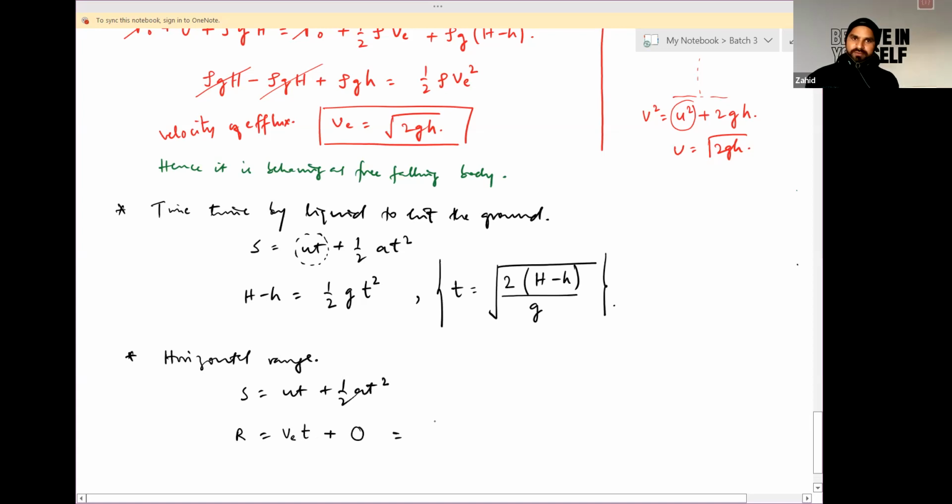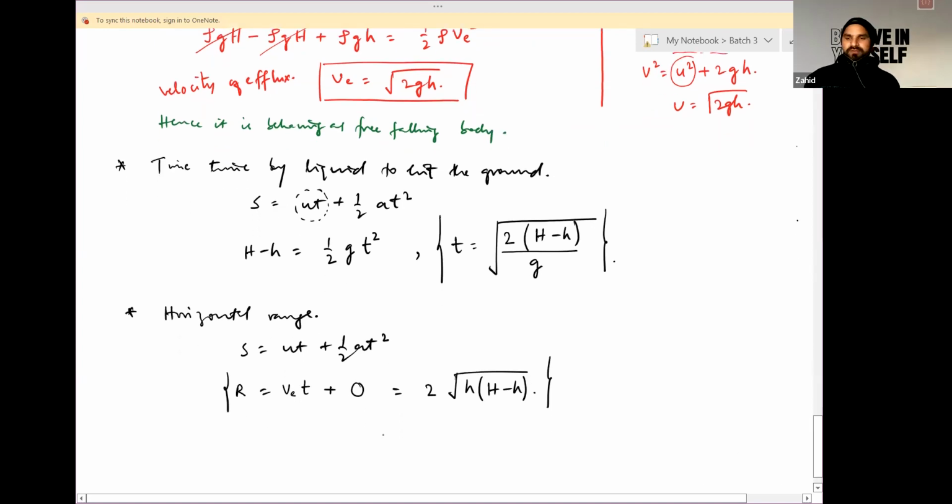Now put the value of v, so you will get R equals 2 times root under h times (H minus h). So this will be your range of that particular falling.